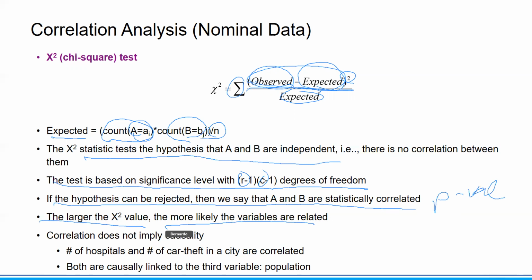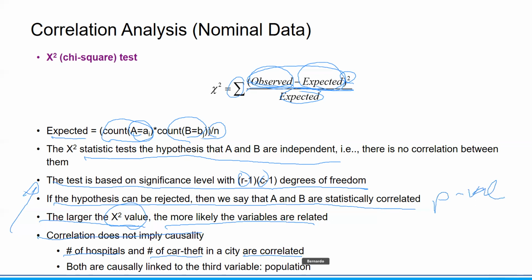So we can just look at the chi-square. If the value is high, then it is more likely highly correlated. But note that correlation does not imply causality. For example, if the number of hospitals is high and the number of car thefts in the city is also high, based on the observation they are correlated.